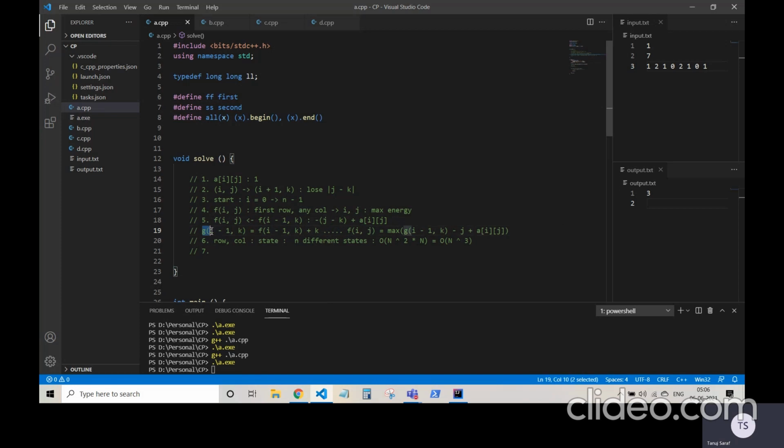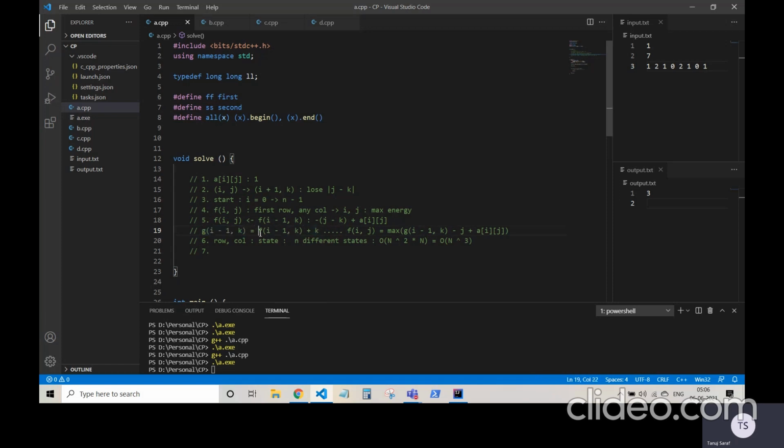And this g(i-1, k), since it only depends on k, does not have any influence of j. Therefore, whenever we were computing f(i-1, k) for all k, we could have calculated this function g at the same time, right?